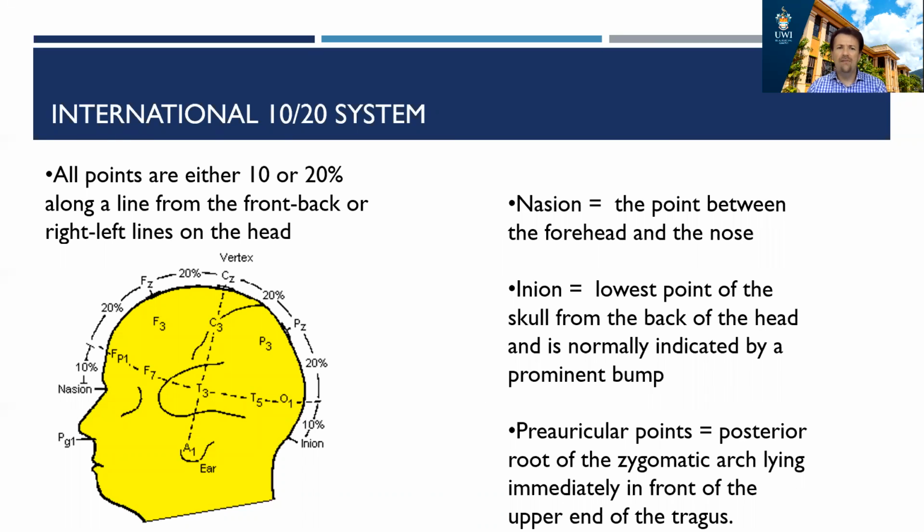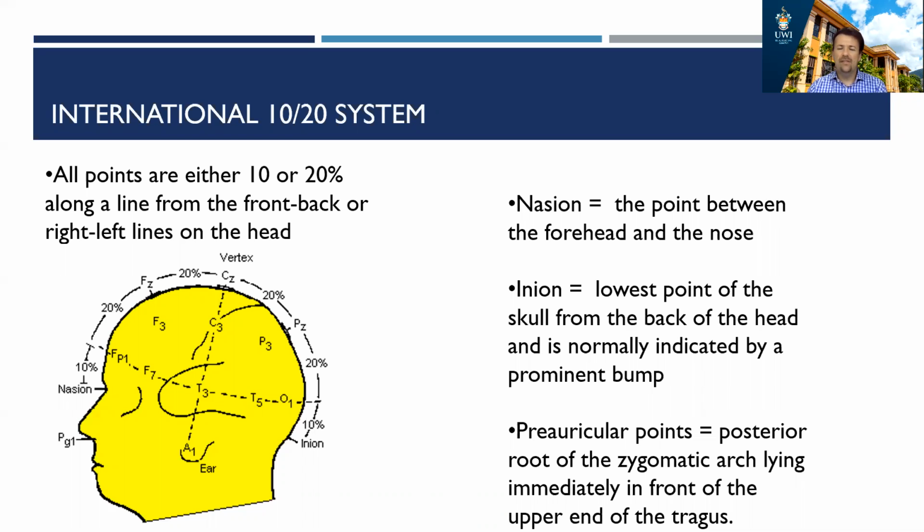Now, one of the things we want to make sense of in recording an EEG is where we would place the electrodes. Is this just done randomly all over the skull? Or is there a system that allows us to compare persons with one another? If we want to make sense of the EEG, we want to be able to compare people and create what's a normal.